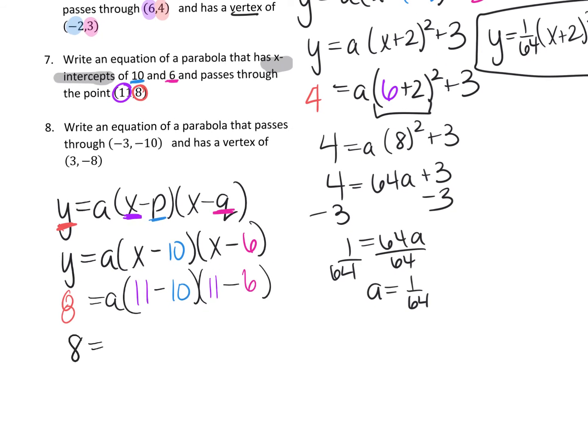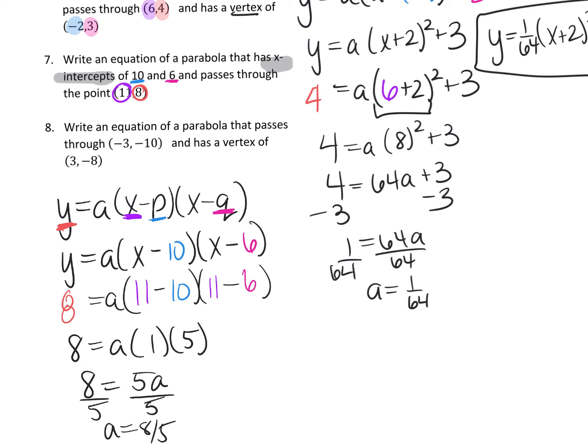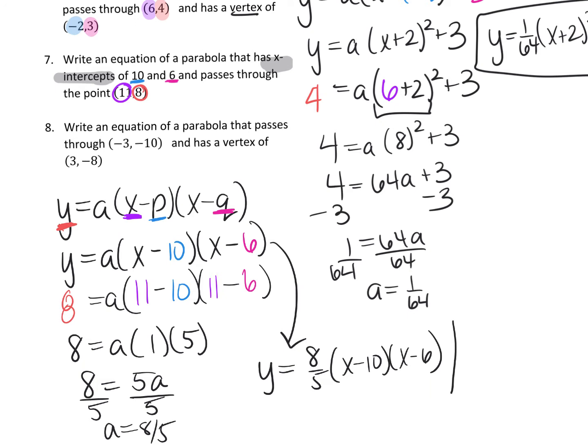So 8 equals a times 1 times 5. 8 equals 5a, divided by 5, and a is 8/5. Then I can use this equation, y equals 8/5 times x minus 10 times x minus 6, to write my equation. So that was number 7.